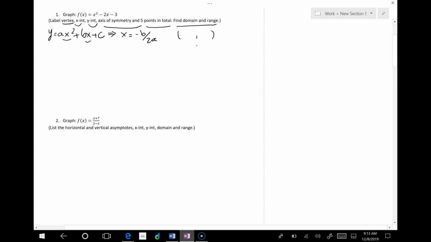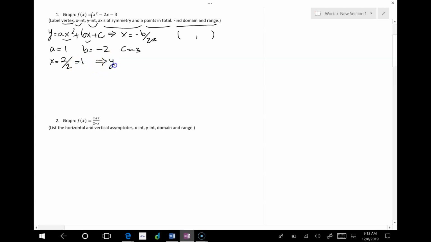So in this case, a is 1, because there is nothing multiplied by x squared, b is negative 2, and c is negative 3. So you find x is equal to negative b, the negation of negative 2 is positive 2, over 2a, so that's 1.